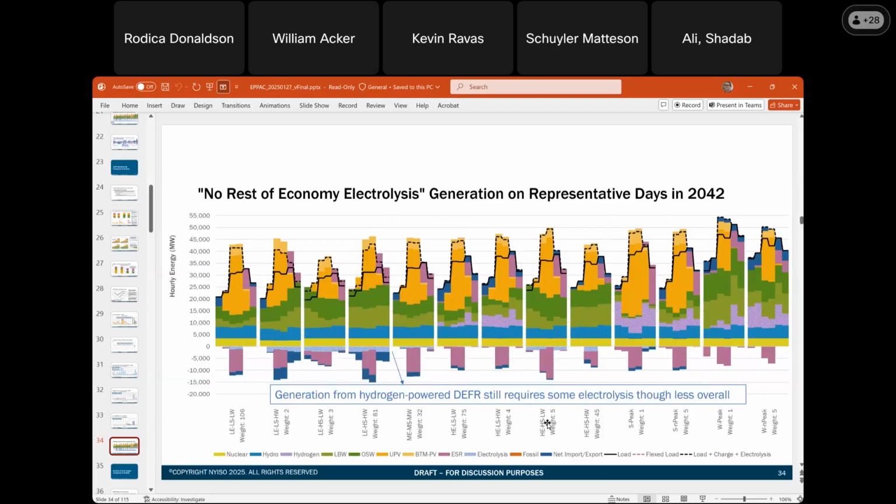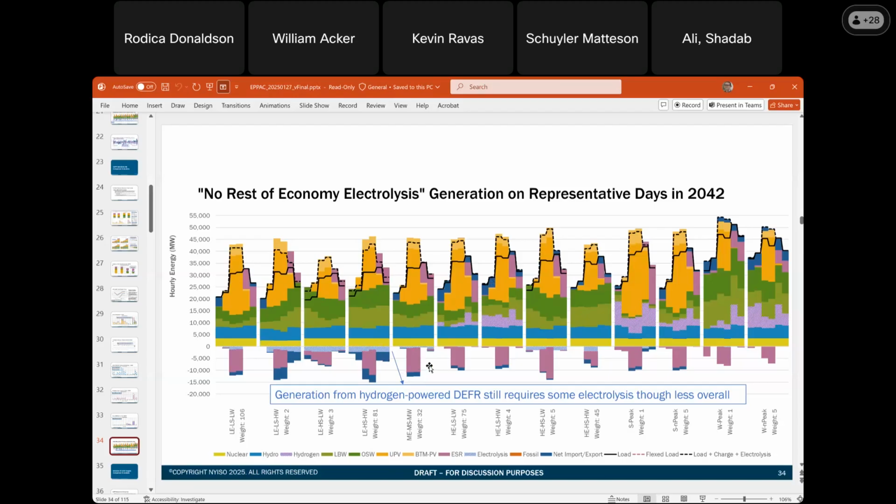One thing to point out on this slide, just to add more color, is trying to understand the balance between the defer generation and the electrolysis load that's being served.